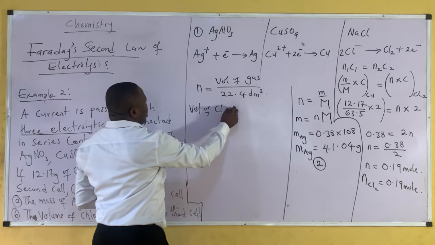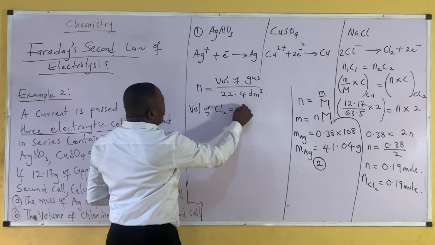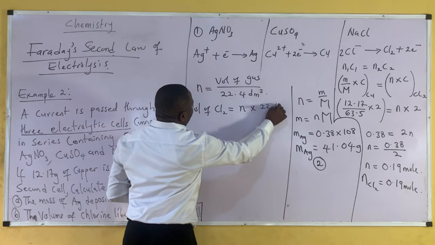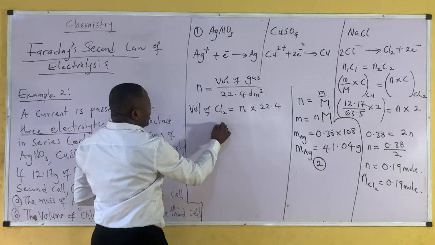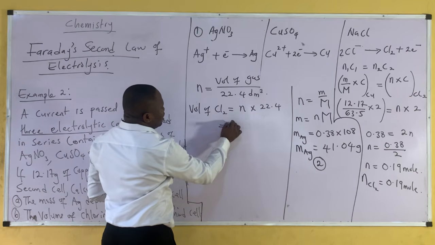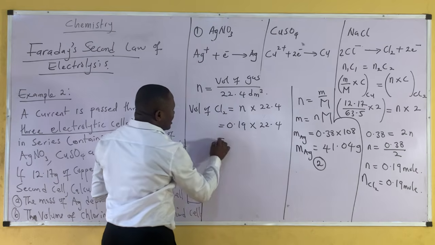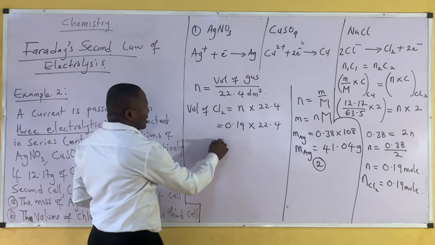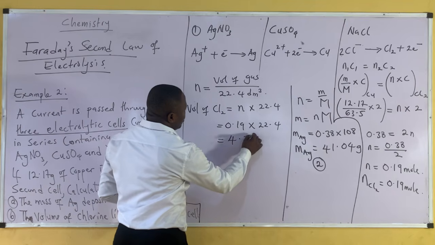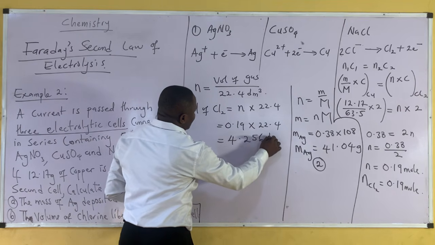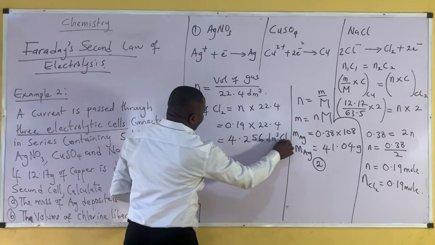Volume of chlorine gas is mole times 22.4, so 0.19 times 22.4. The answer is 4.256 dm cube of chlorine gas.